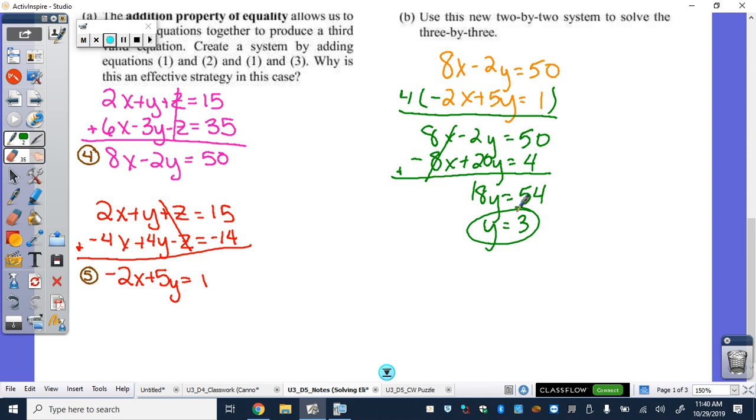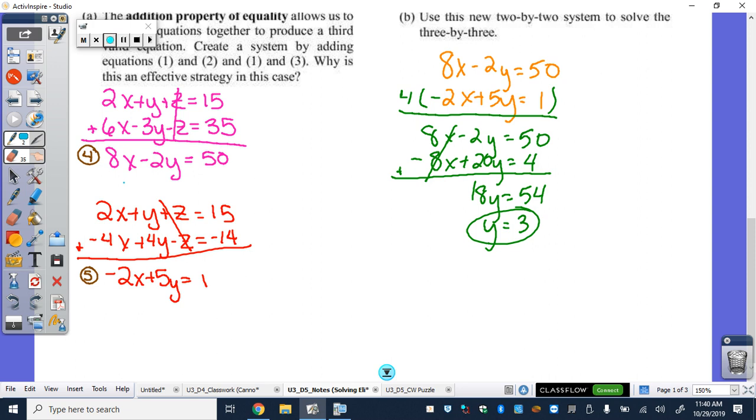Y is a 3. So now I'm going to take that value of 3 and I'm going to plug it into either equation 4 or equation 5 because those ones only have x's and y's in it. So if I plug it into one of those two, I'll be able to get a value for x.